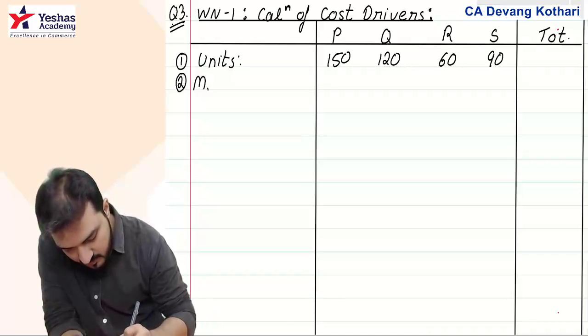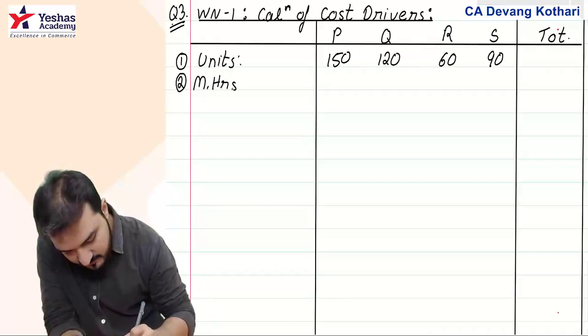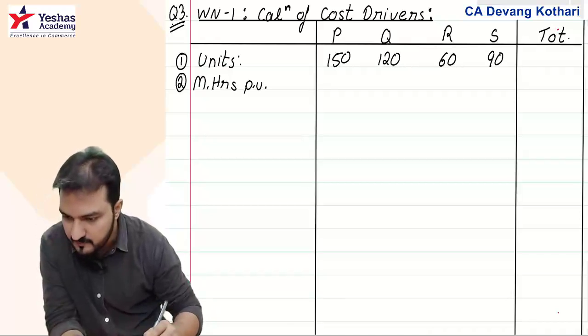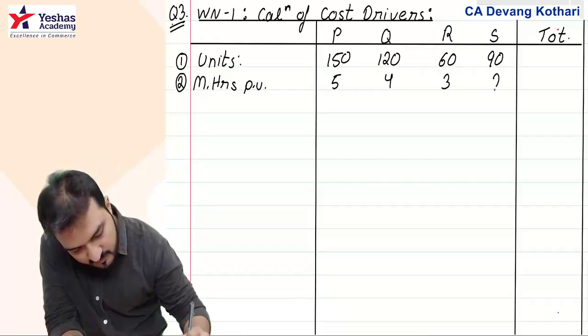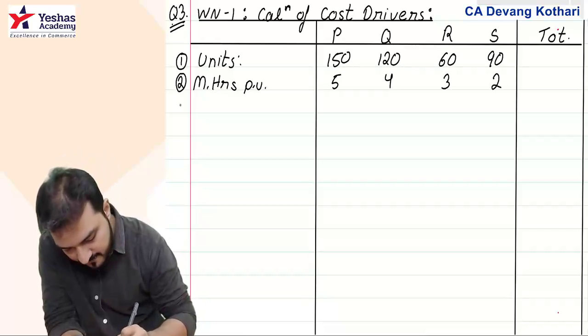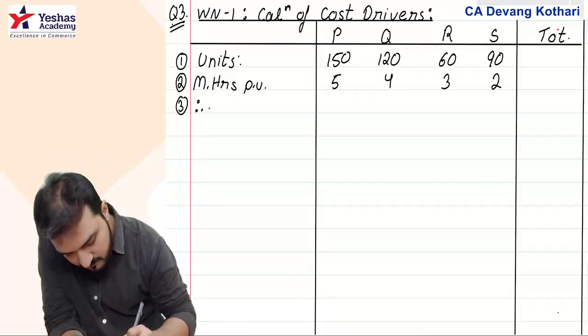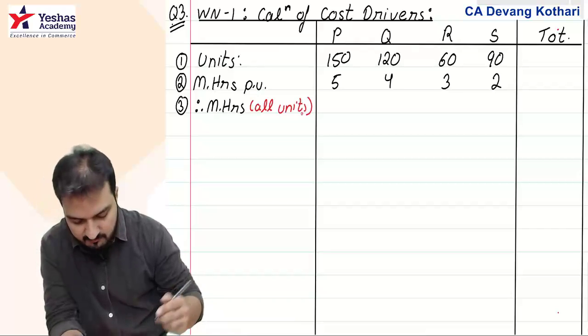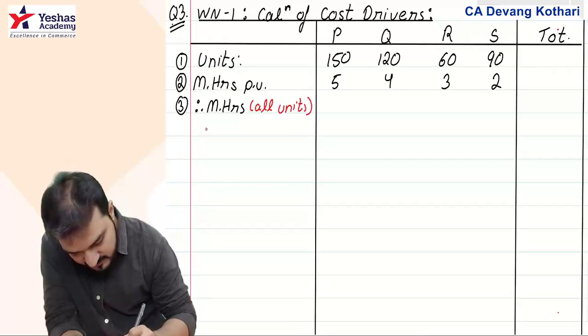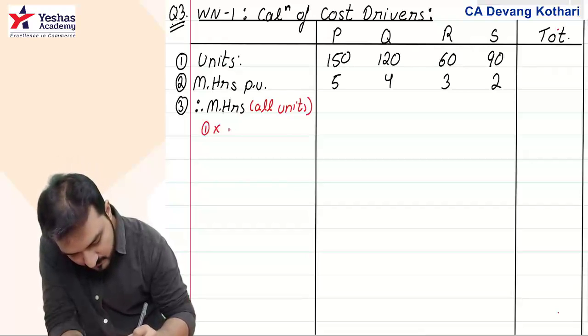Second point, machine hours per unit, you are given 5, 4, 3, 2. So therefore third point, machine hours for all units will be the multiplication of these two, that is point number 1 into point number 2.